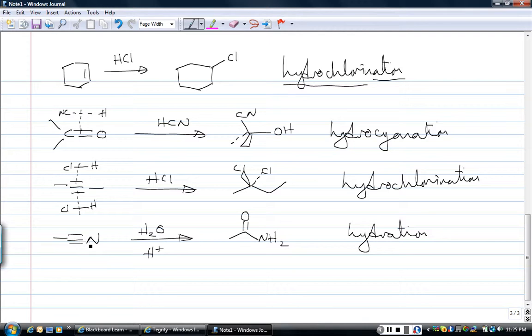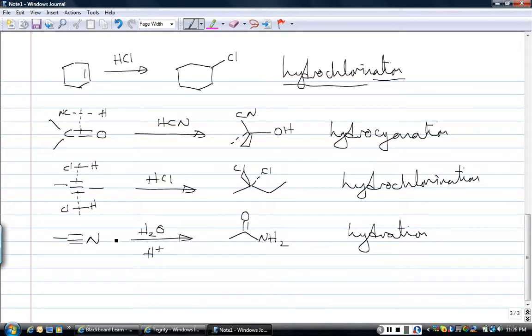Now this last case is kind of interesting because I start off with a molecule having two pi bonds. The product only has one pi bond. What I've literally done is I've added H2O to the molecule, so that is incorporation of the elements of a simple molecule, water, with a simultaneous destruction or loss of a pi bond. I have two at the beginning, I have one at the end.